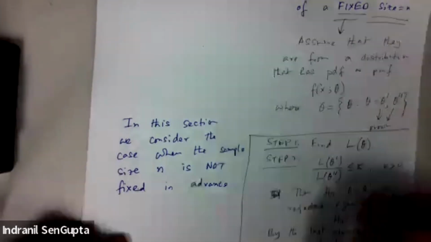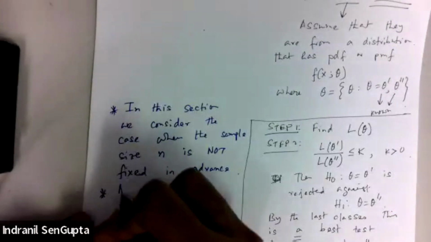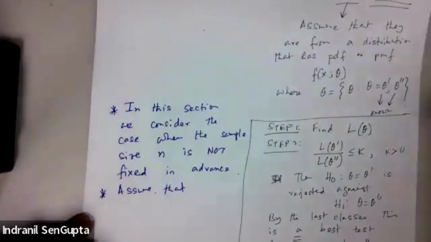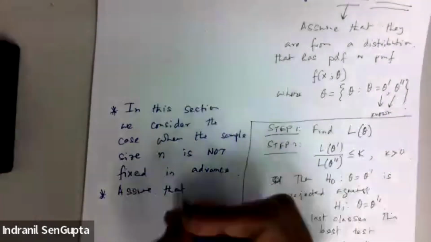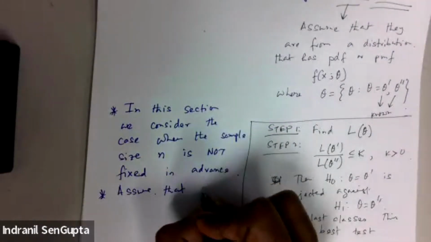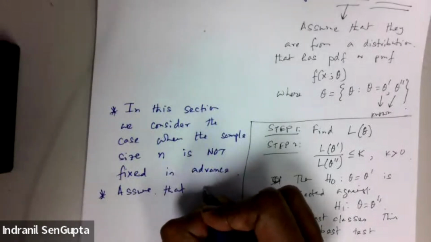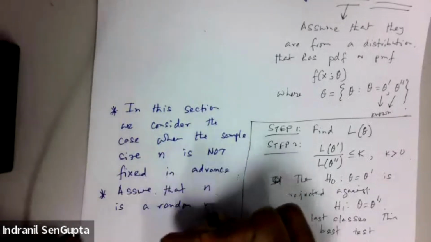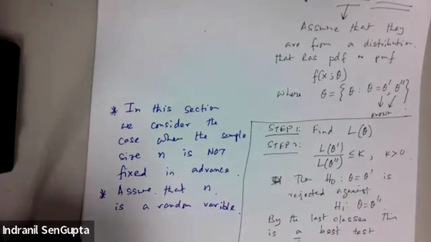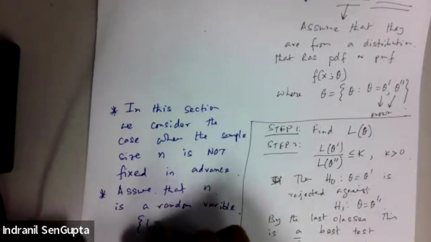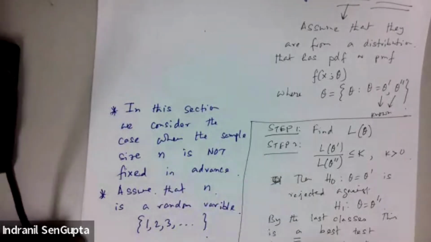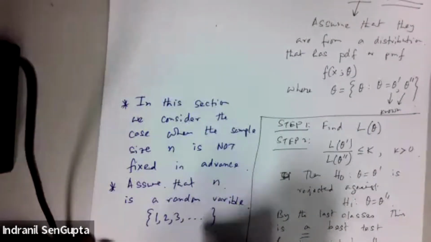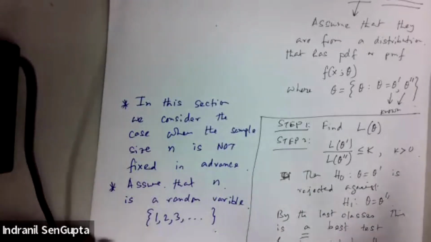In fact, we'll be assuming that the sample size n is a random variable, which is taking the values 1, 2, 3, etc. Now, how do you conduct the test there?